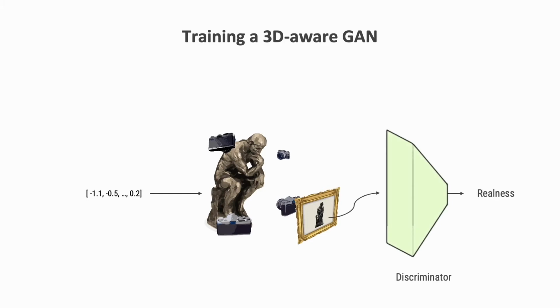We use our discriminator to critique the renderings and assign a realness score. By maximizing the judged realness of our renderings, we backpropagate through the pipeline and improve the realness of our generated 3D scenes. By indirectly supervising our generations with this discriminator, we don't require any 3D or multi-view ground truth.